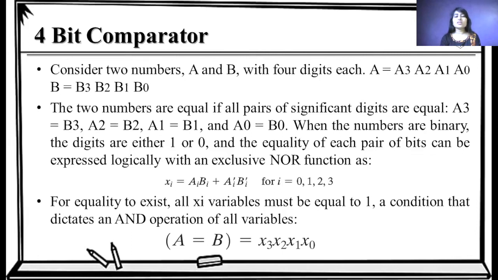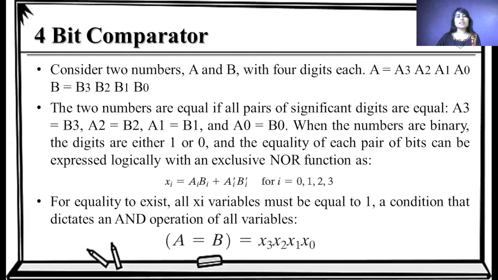Basically, we write A3 XNOR B3, A2 XNOR B2, A1 XNOR B1, A0 XNOR B0 for A equals B in terms of x3, x2, x1, x0, where xi equals ai bi plus ai dash bi dash, which is equivalent to ai XNOR bi. So here we have the equation for A equals B for 4-bit comparison.